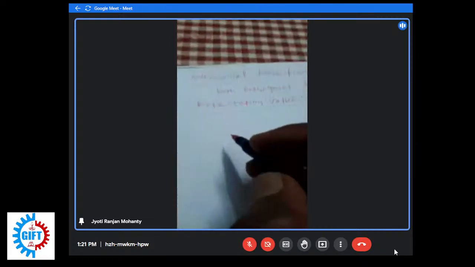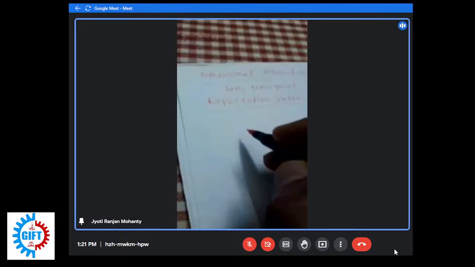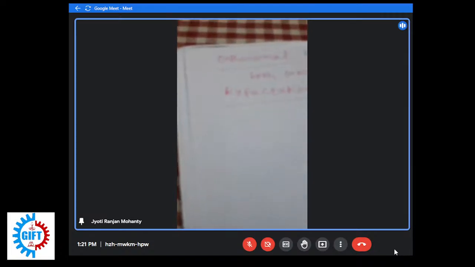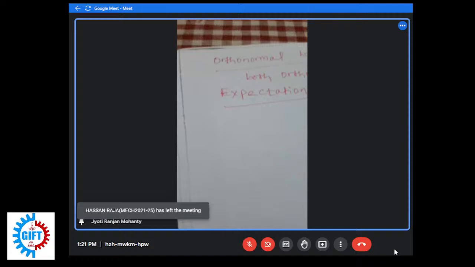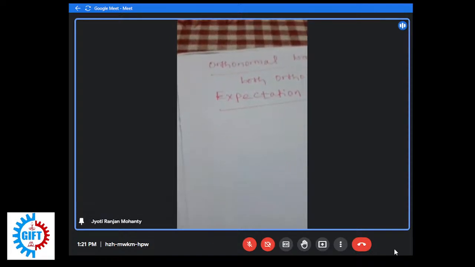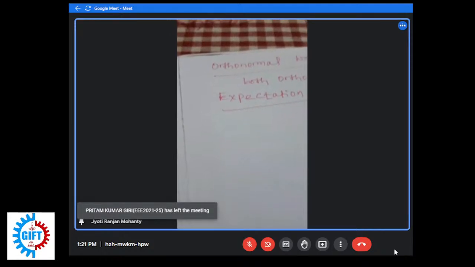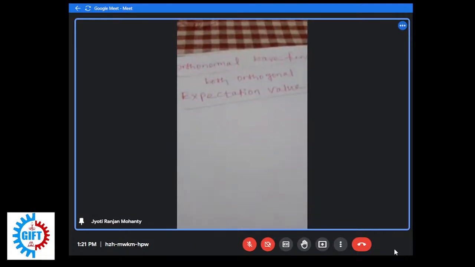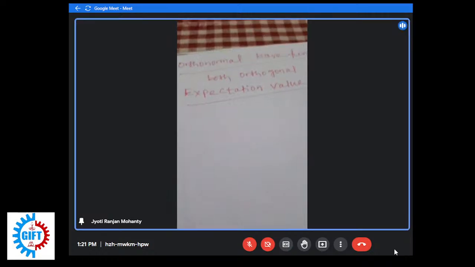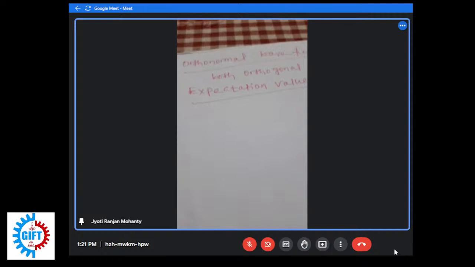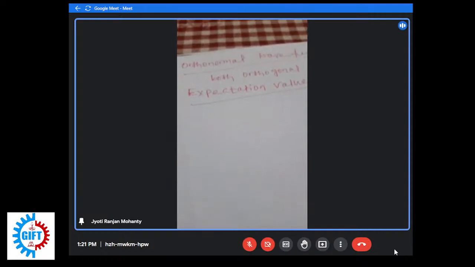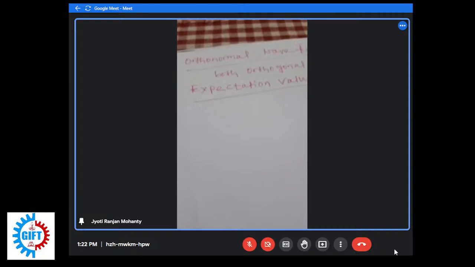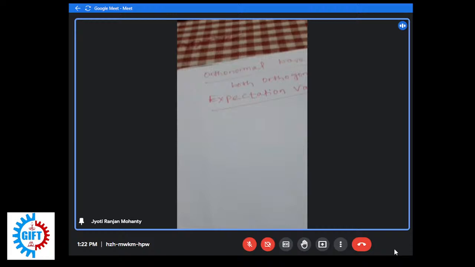So write: the average value of all measured physical quantities is called expectation value.